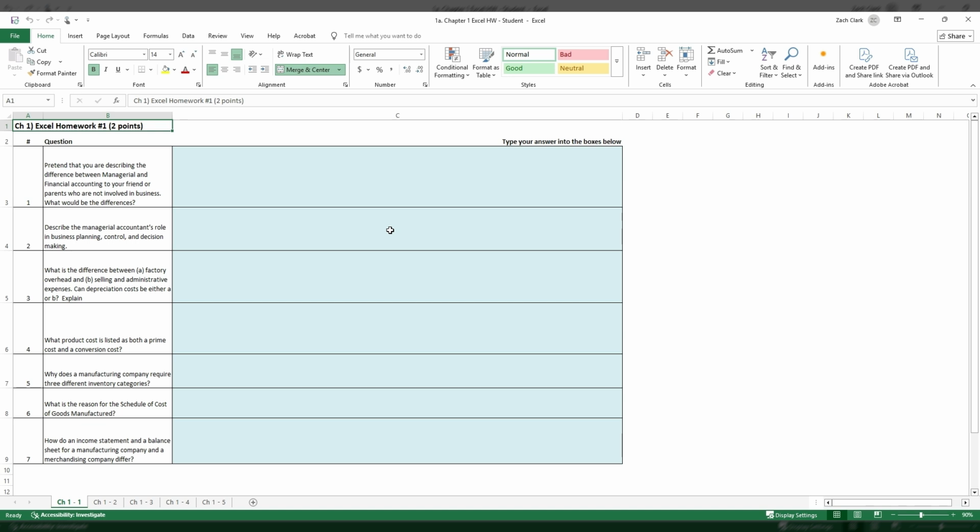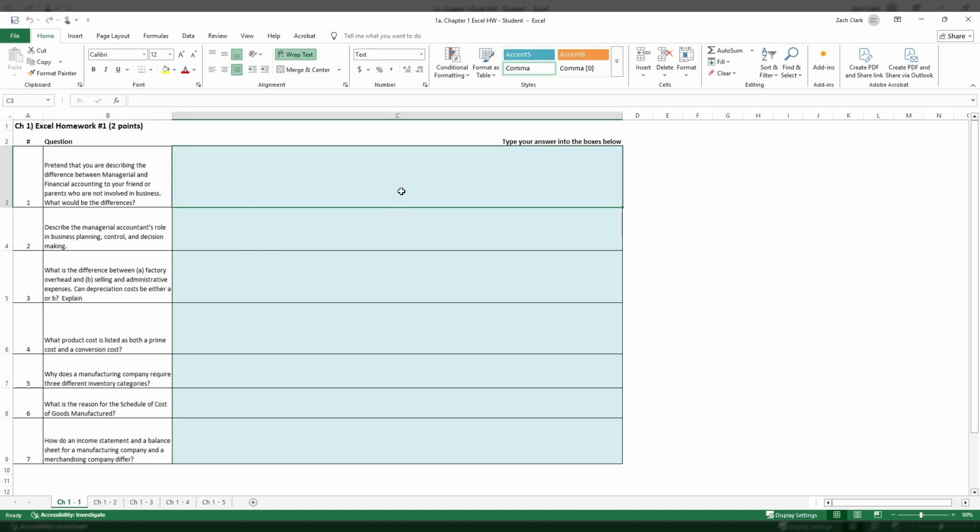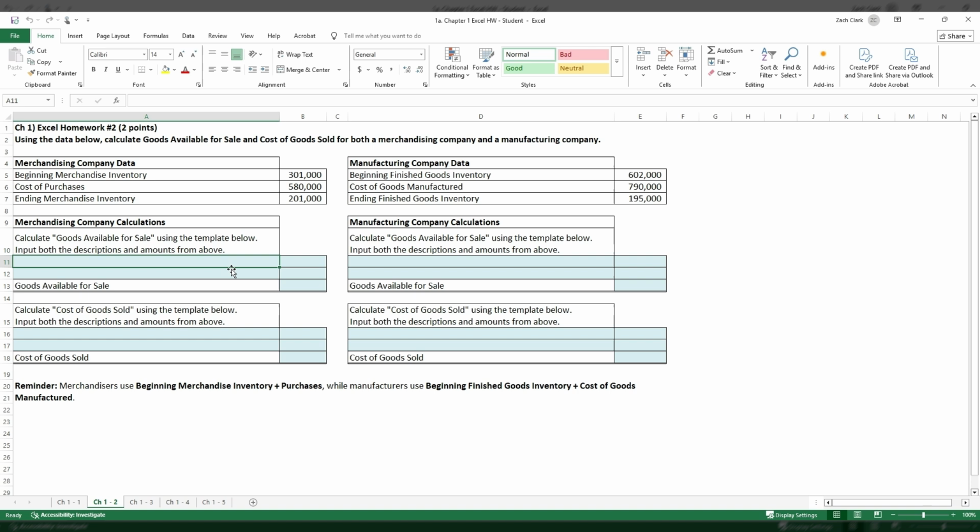Okay, so let's get into it here in the first problem. I'm assuming that most of you are familiar with Excel at this point. You've got different cells here that you can click around, and in each of the homework Excel assignments, I've highlighted all of the cells in blue. That's where the answers will need to be input. The other information is just information for completing the problems.